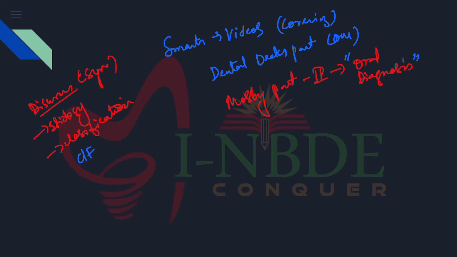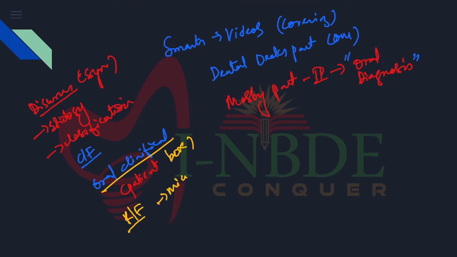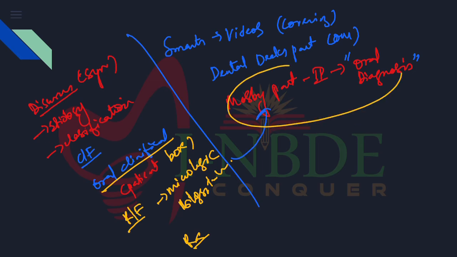Then after, I want you guys to move to the clinical features. Very specifically, you should focus on oral clinical features, because most of your patient box questions, I was talking about something called patient box questions, will move around the clinical features, followed by a note about the radiographic features or any microbiological features or biochemistry related investigations, and followed by the treatment plan. This is a regular thing. This is the pattern that is followed in this specific book, which you should not miss. That is MASS-based part 2.